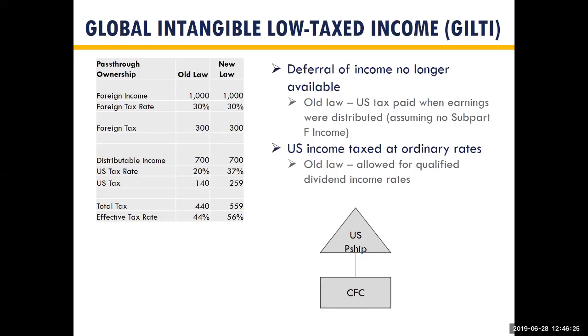Before, you used to be able to defer the income and repatriate it when you wanted to back to the US and get taxed on it at that time. Now the US wants it up front, and through GILTI, you can kind of see that that's the case. You can see through this slide what the tax implications are under the old laws and under the new rules and laws.